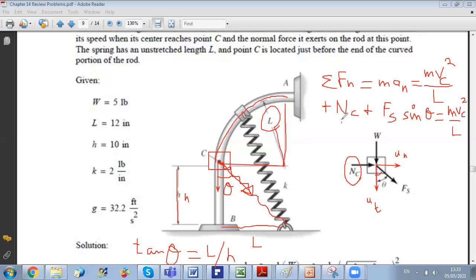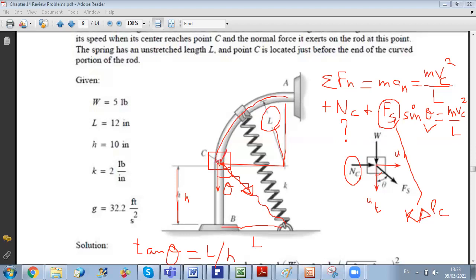Now let us see what we know in this equation. First, NC we don't know, we want to calculate it. Theta was calculated. Concerning the spring force, whenever you have a spring, you can calculate the spring force by k times delta L. Since we are interested in position C, we should find what delta L is at point C. The method always is the same.